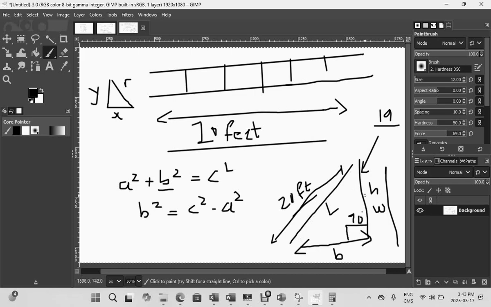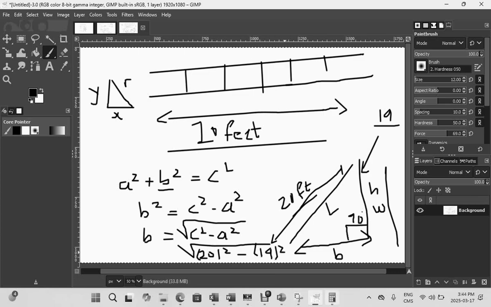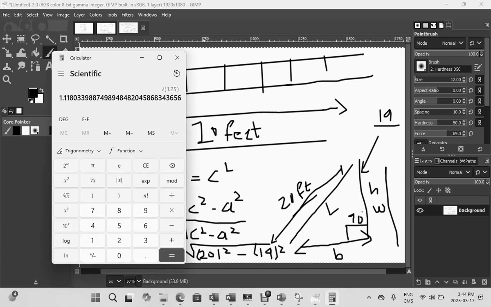Whatever measurement you have for the height, the square of that measurement will give you your B squared. So B equals 20 squared minus A squared, which has to do with your height, and your height is 19 feet. So 19 squared. We can use the calculator to figure this one out.